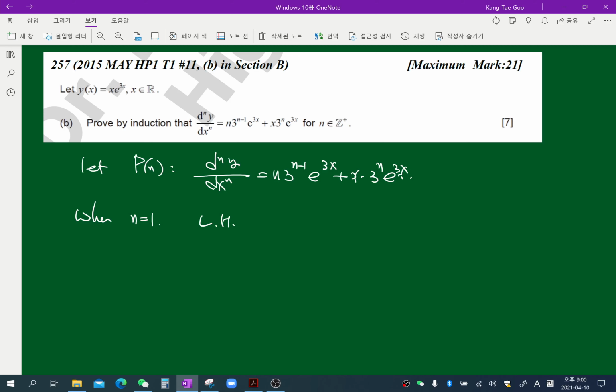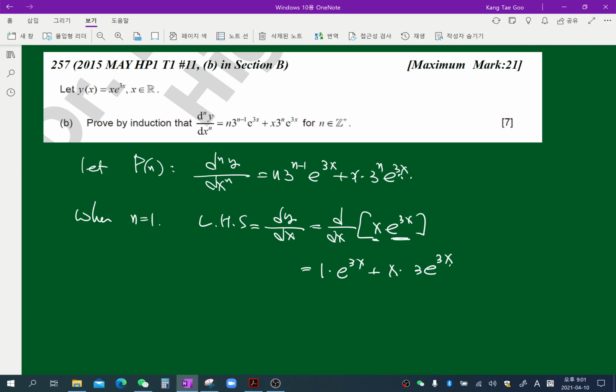Your left hand side is dy/dx, which is the derivative of your y, which is x e^(3x). We have a product, so that derivative as it is, plus as it is derivative.